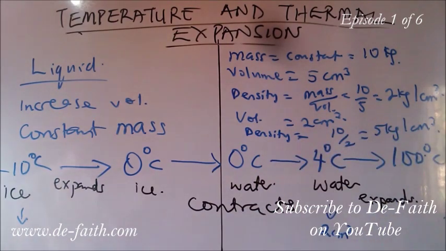Here it means that there's an increase in the density. And so what we are saying now is that there is a maximum density at 4 degrees Celsius in water, and afterwards it continues to expand and the density will decrease.